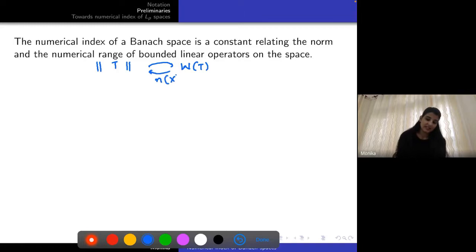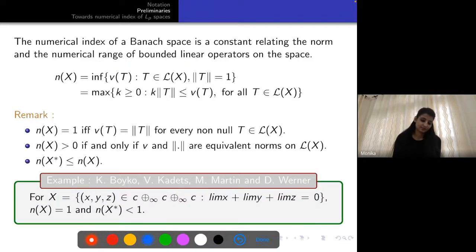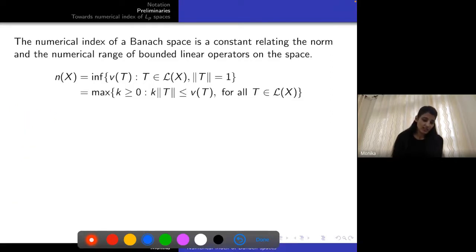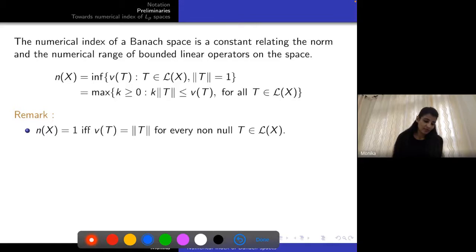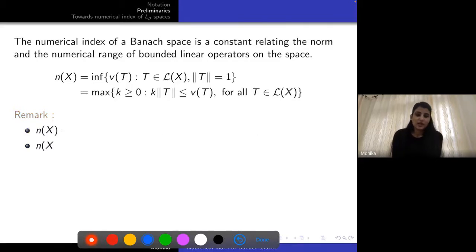That's our numerical index. So let's define it. The numerical index is actually the infimum of v(T) where the norm of T is 1. So the infimum of all the numerical radii of norm 1 elements.